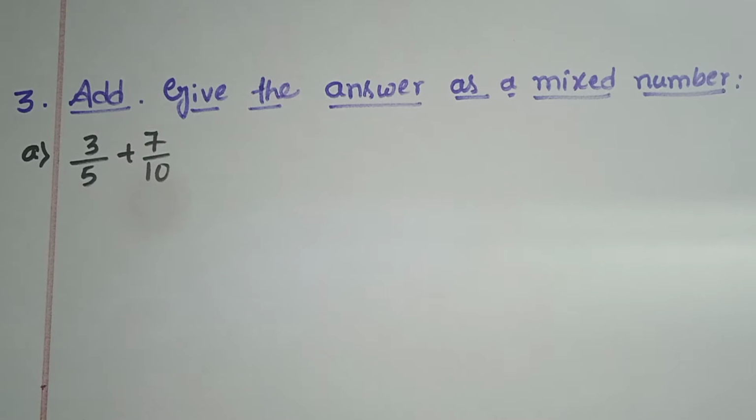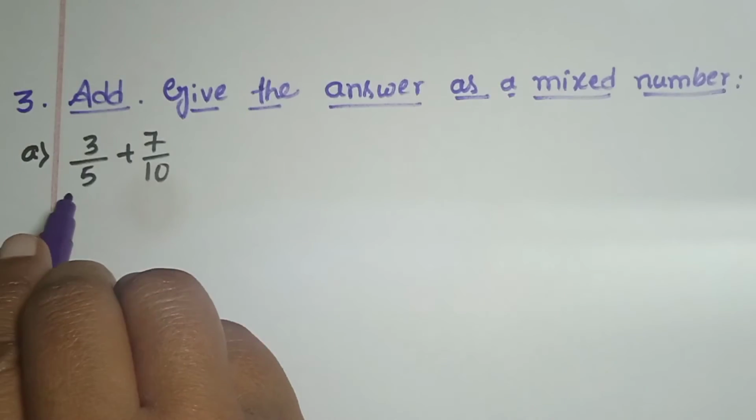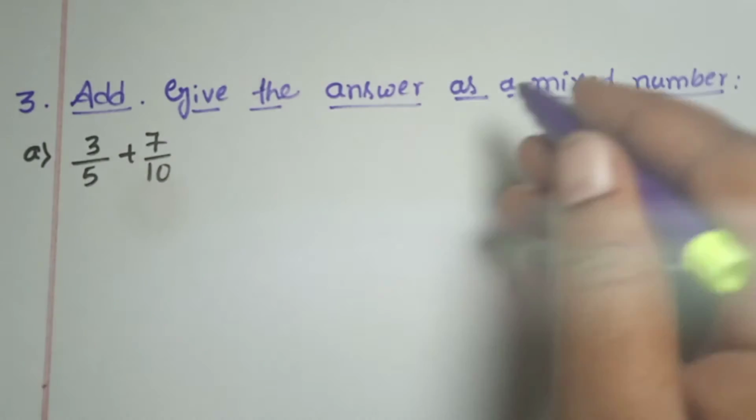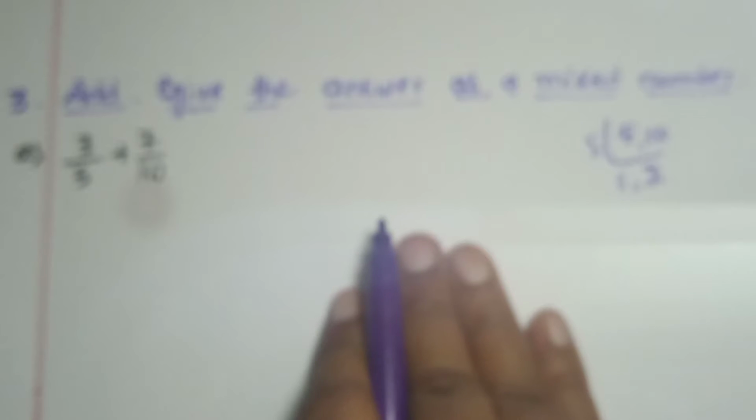Okay children, let us go for third main. We should add the fractions and give the answer as mixed number. Okay, we have to convert into mixed fractions. Yes, what is the LCM, children? 10. 5 2s are 10.